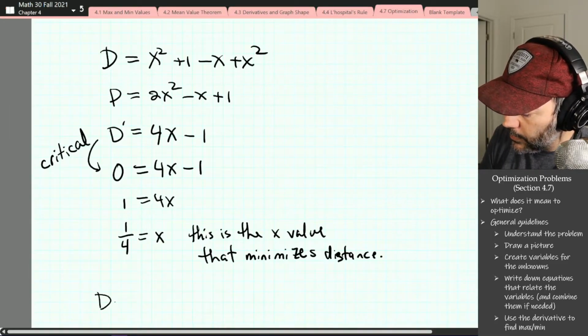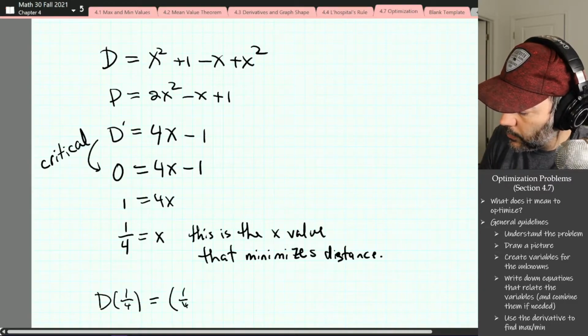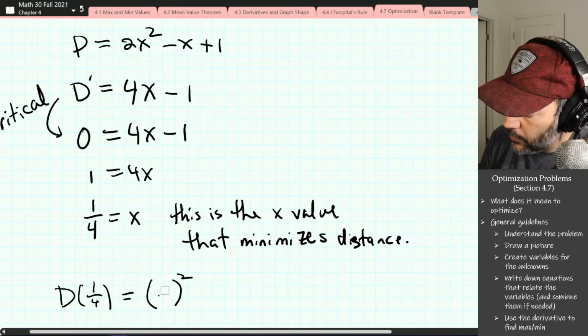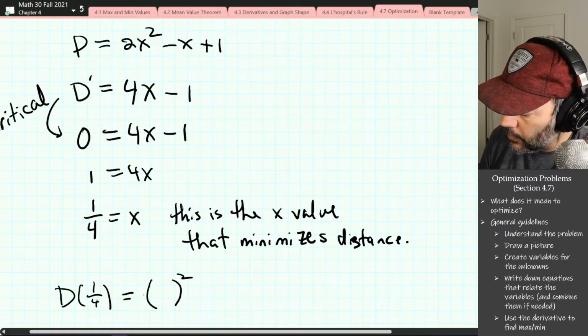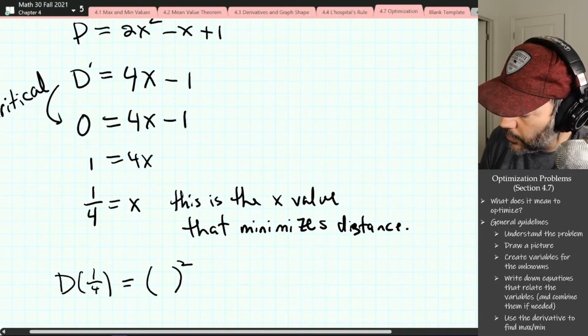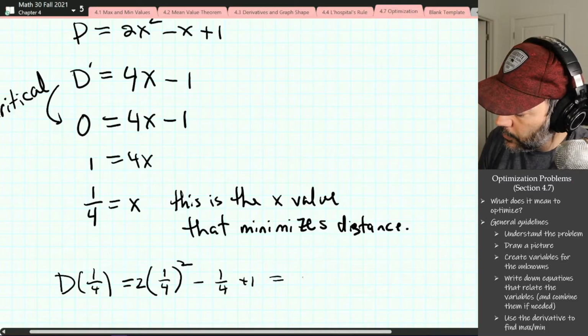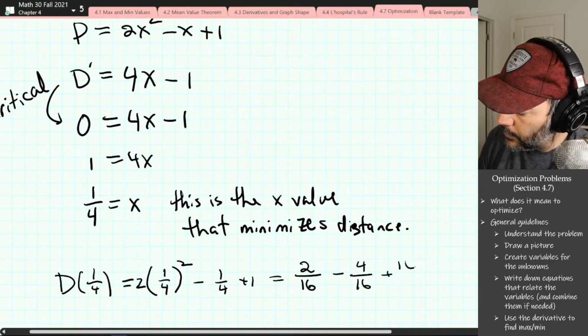So we get d of 1/4 equals 1/4 squared, two times 1/4 squared minus 1/4 plus 1 equals 2/16 minus, well, 1/4 is 4/16, plus 16/16.